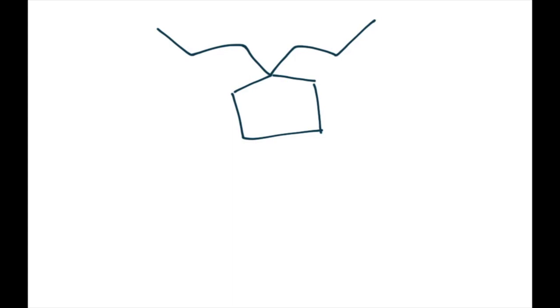All right, so let's say we have something like this. What's the parent hydrocarbon? The response was heptane. Ah, you fell into the trap. So, this carbon right here always belongs to the ring.